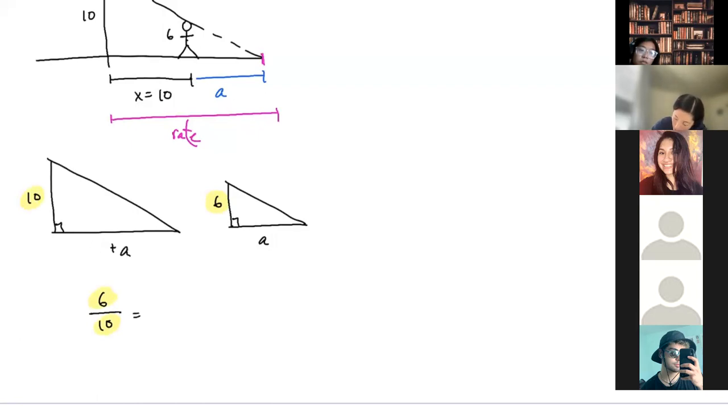Instead of 10 plus A, I'm going to write this as X plus A, just because I know at this moment X is 10, but what if we wanted to find it for another moment in time? Okay. And so if we set up the other side of the ratio with corresponding values, we'll get A over X plus A. And that is because we have this over this.